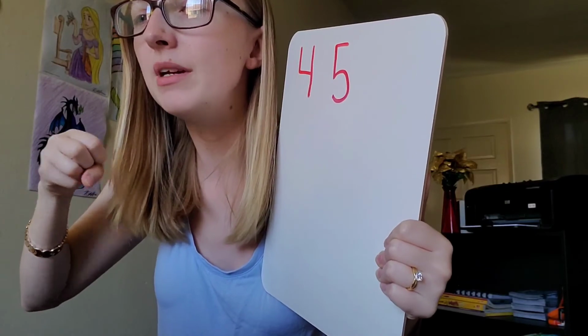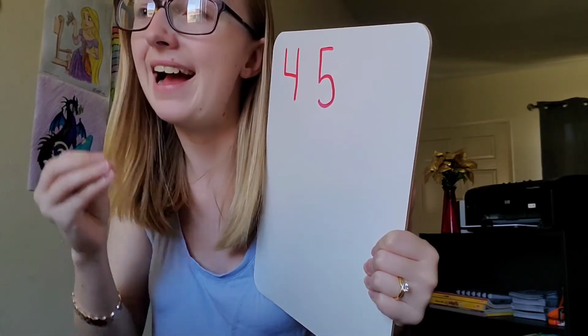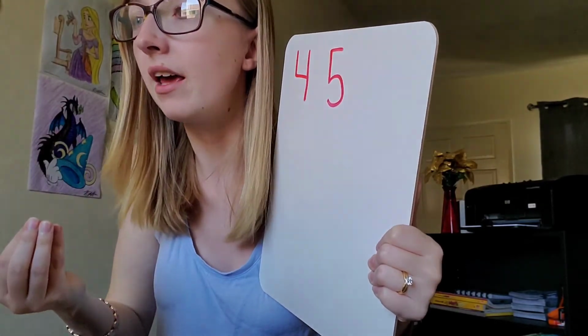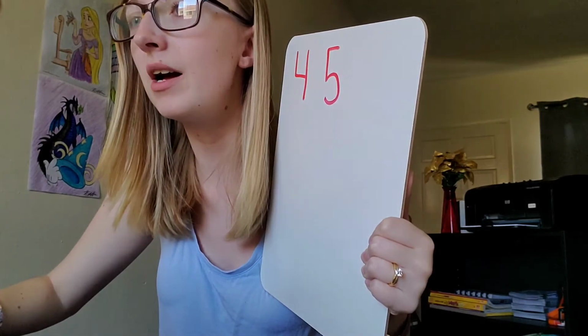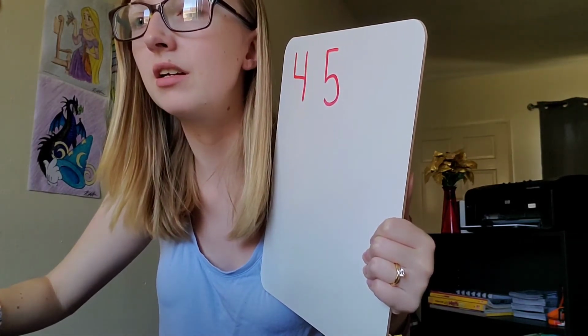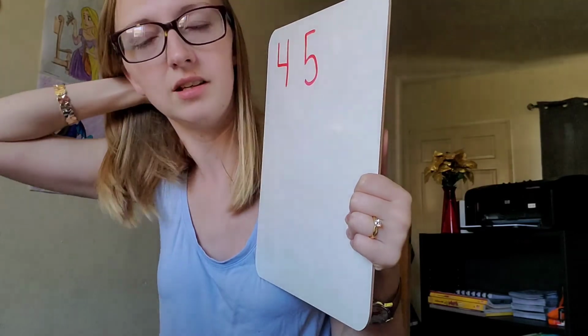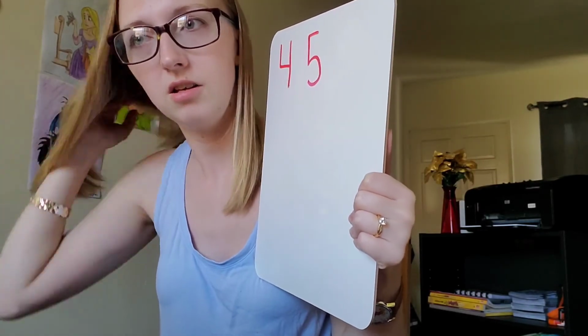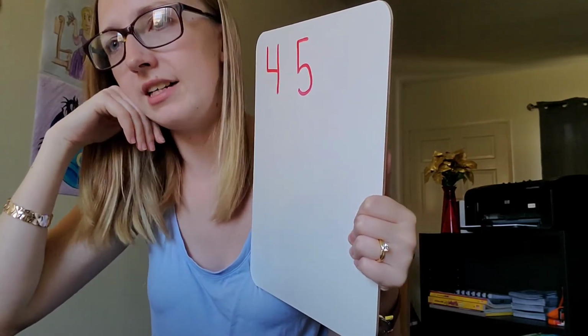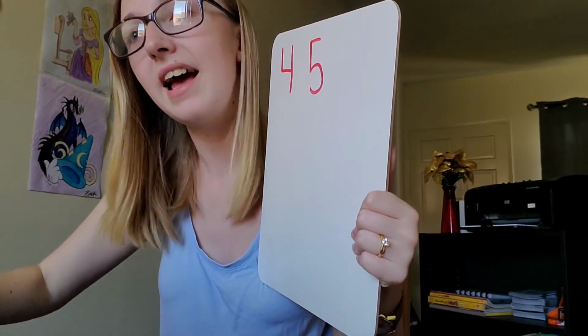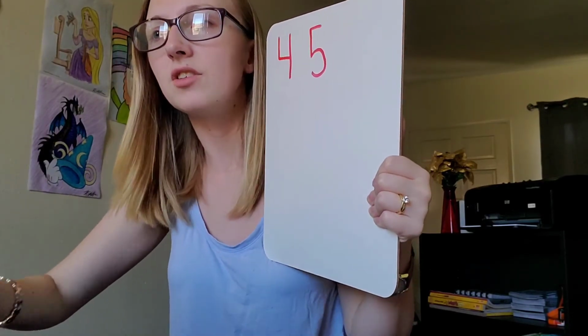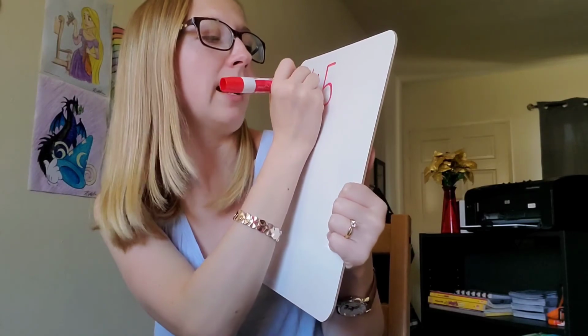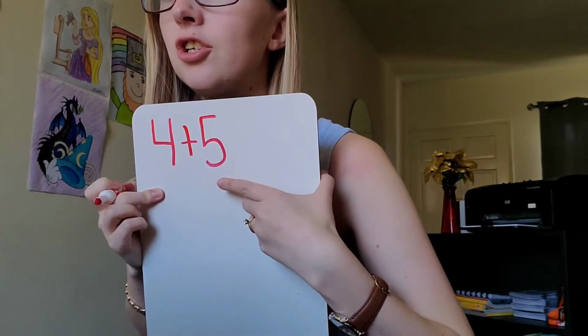If I want to know how many they saw all together, am I adding or taking away? What do you think, Klaus? Are they adding or subtracting? Adding, because we said all together. So we have 4 plus 5. Daniel saw 4, and John saw 5.